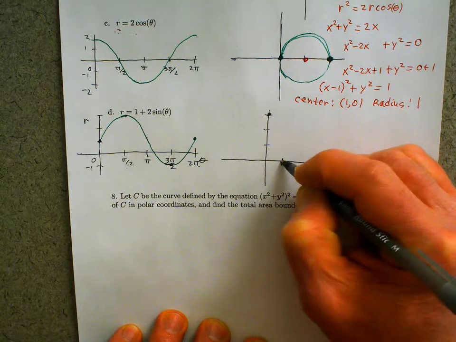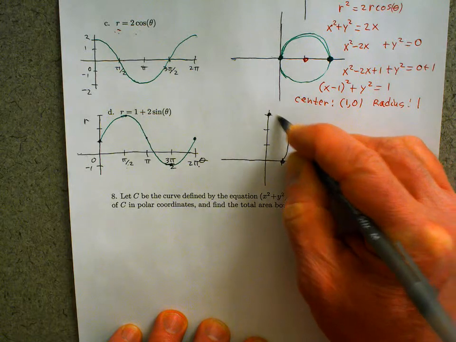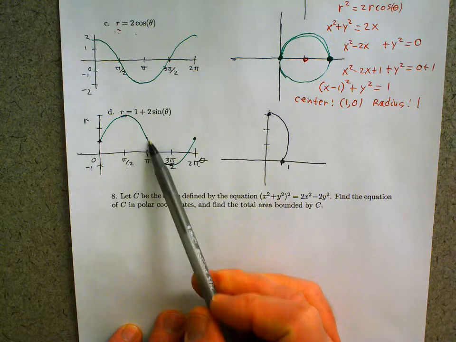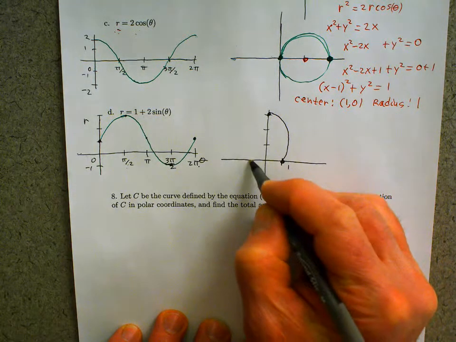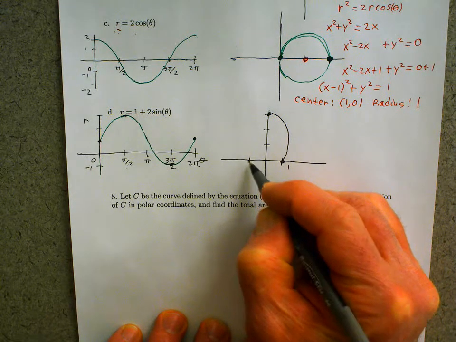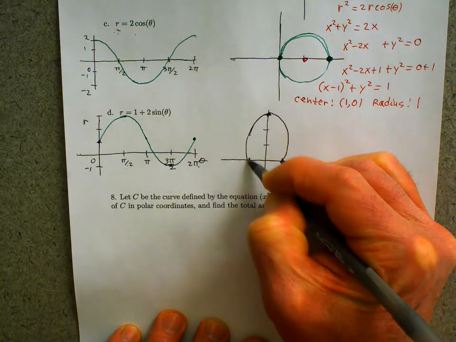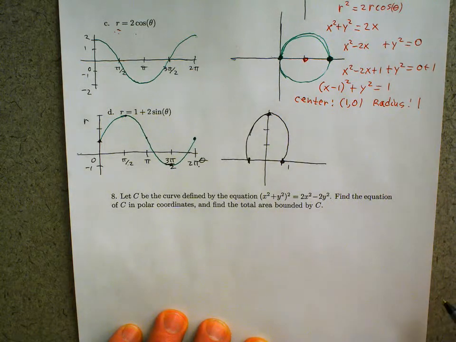So the graph looks something like this. At theta equals pi, the r value is 1. So the graph comes back down to the x-axis.